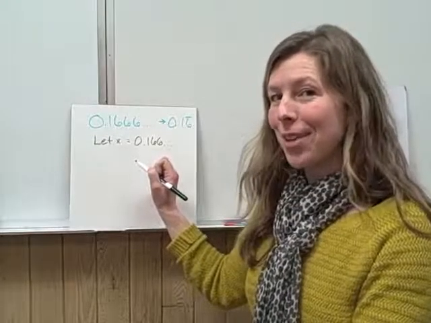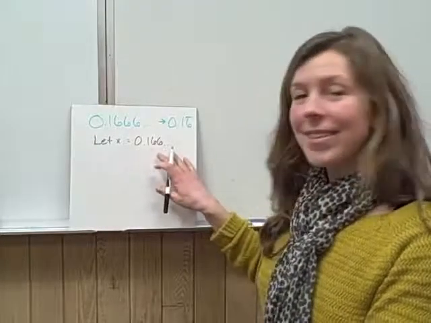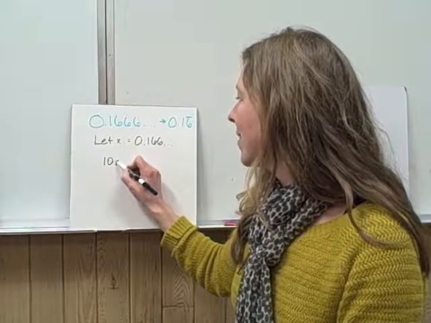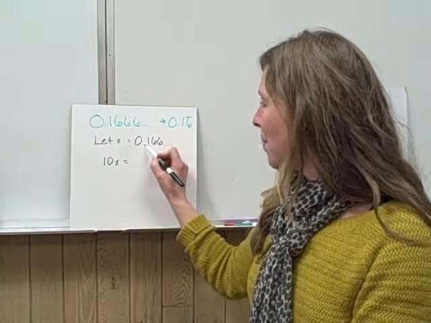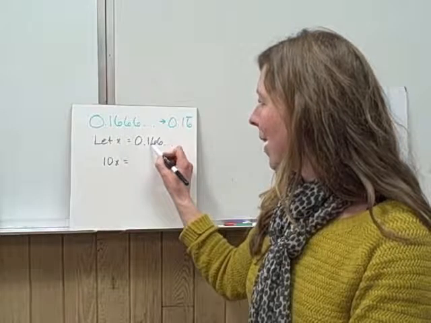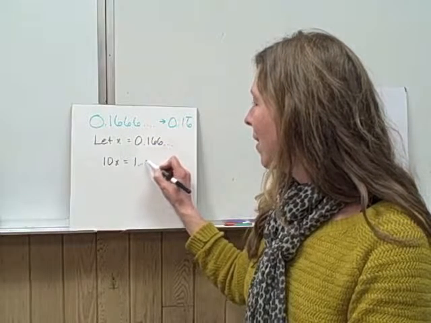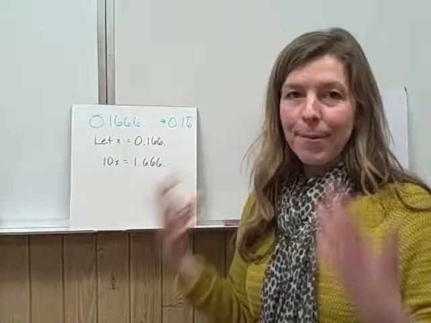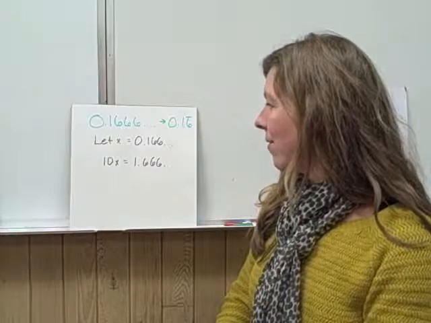Let me set up this subtraction problem. So if that's the case, then let's say that 10x is equal to, so I'm multiplying this by 10, so I've got to move the decimal point over one spot, 1.666, and I'm just going to stop there, because we know that that continues forever.